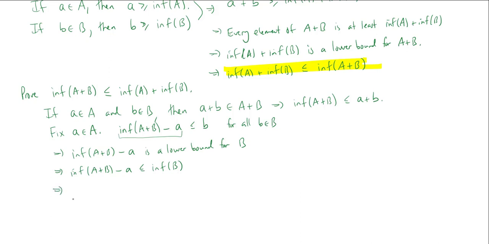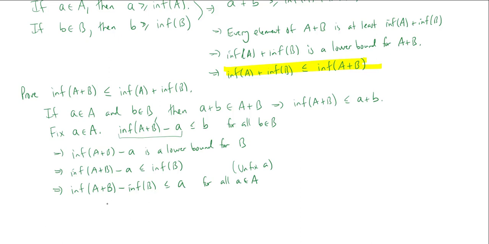So let me now move this a back over to the right, and I'll move the infimum of B over to the left. So I get that the infimum of A plus B minus the infimum of B is less than or equal to a. But again, this is true for all a in A. So now I'm unfixing my a.